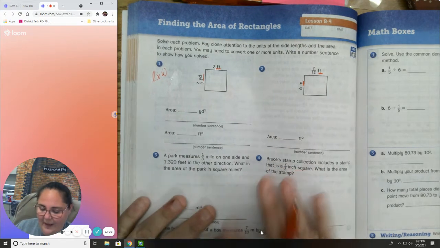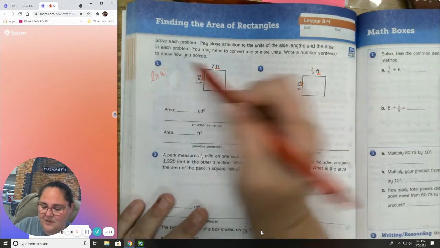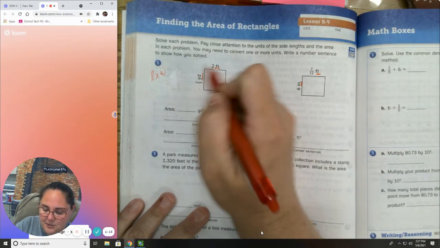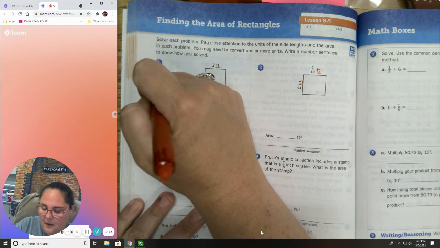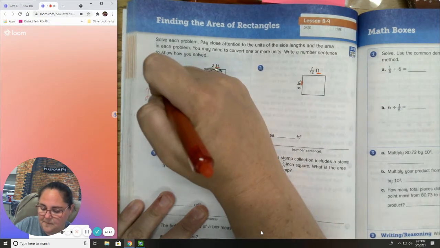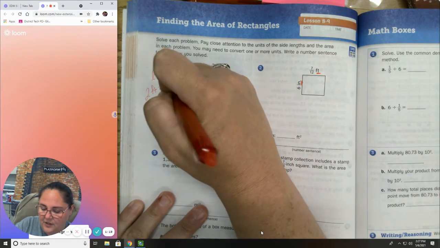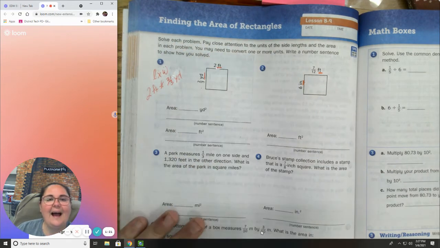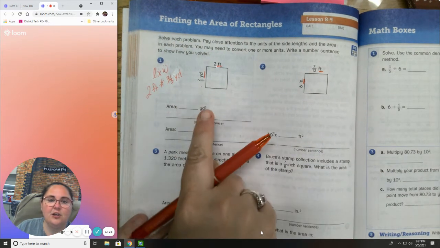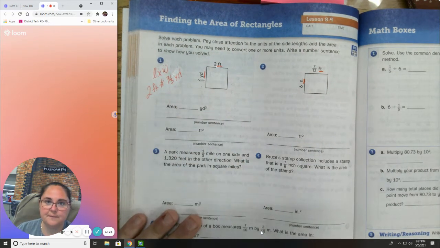So we're going to go ahead and do this first. Length times width is how you do this. My length is 2 feet. My width is 2/3 of a yard. I need to find the answer in yards squared, which means I'm going to figure out how to make it into yards.